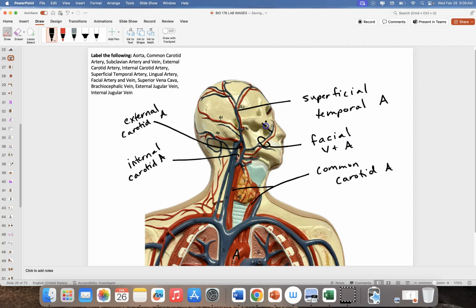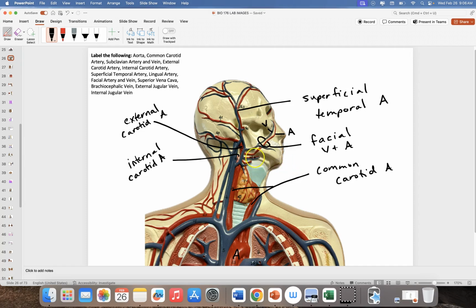The blue one on top will be the vein, and then the red one will be the artery, because remember, in systemic circulation, arteries carry oxygenated blood. That's why we use the color red. Veins carry deoxygenated blood. That's why the color blue is used.